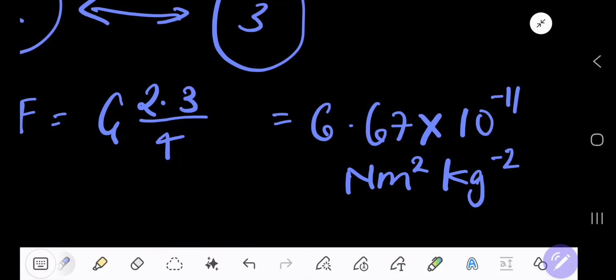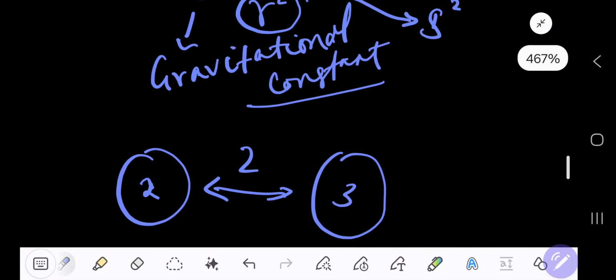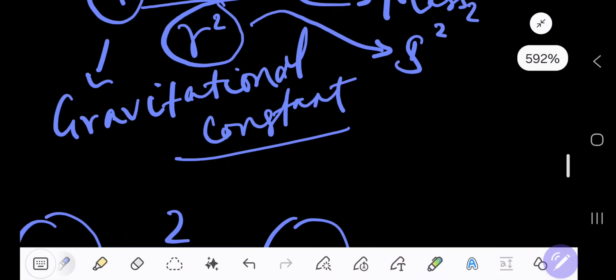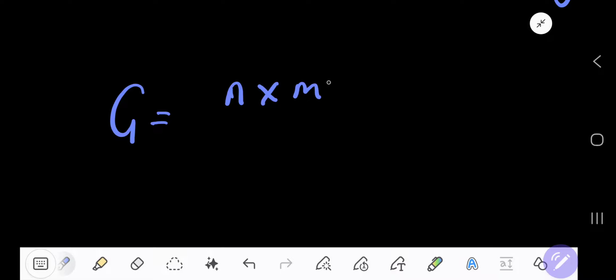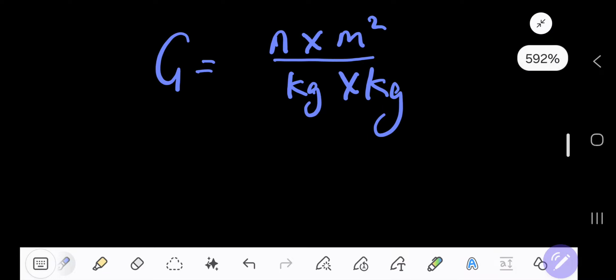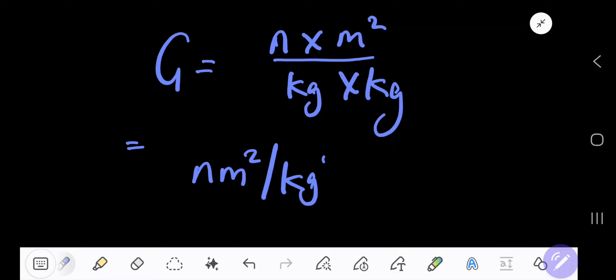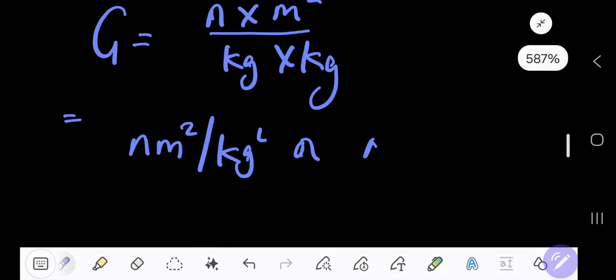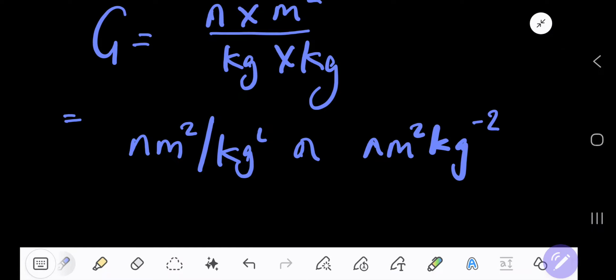So how did you get this? From F equals G m1 m2 over r squared, we can get the value of G, which would be equal to Newton times meter square divided by kg times kg. So the unit becomes Newton meter square per kilogram square, or as I wrote it before, N m squared per kg raised to minus 2.